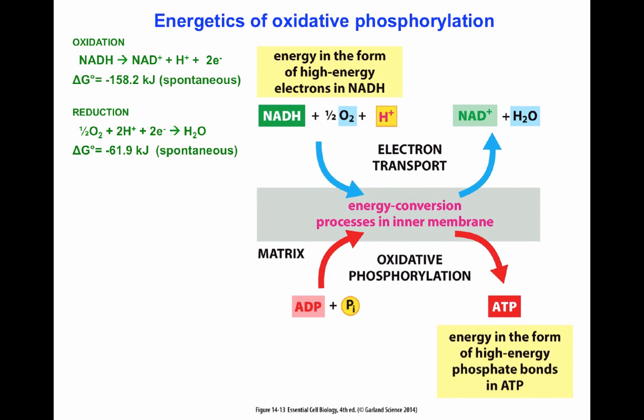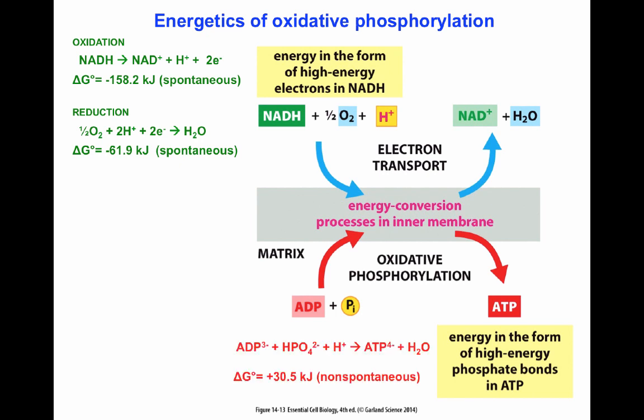Any oxidation reaction is mirrored by a reduction reaction. In this case, we have the reduction of oxygen: half an oxygen molecule plus 2 protons and 2 electrons gives you a water molecule. That has a delta G naught of minus 61.9 kilojoules, which is also spontaneous.